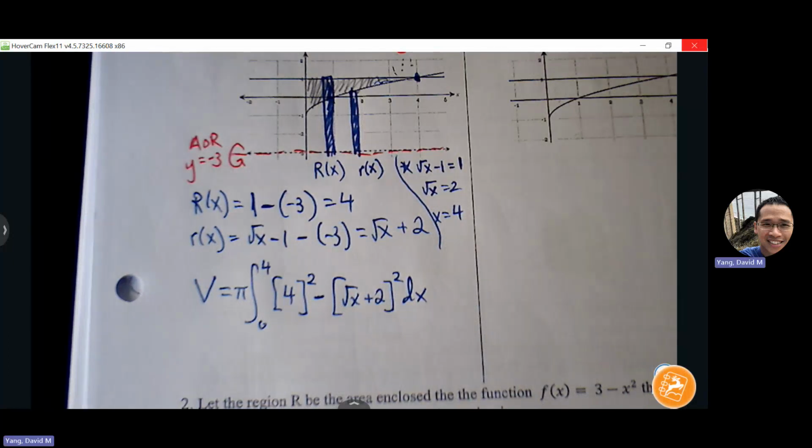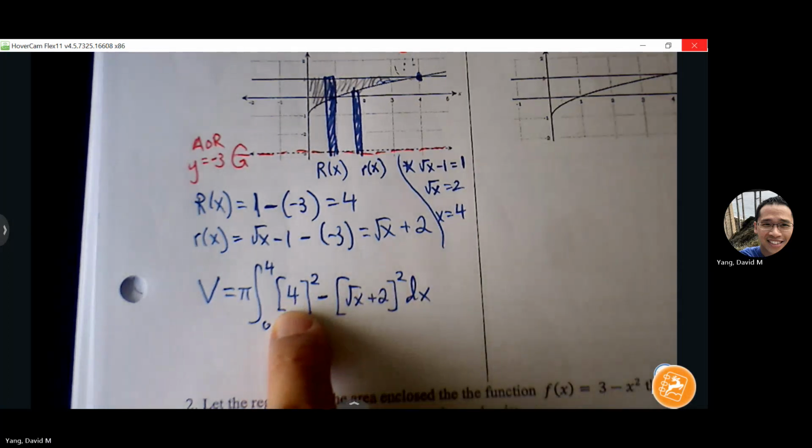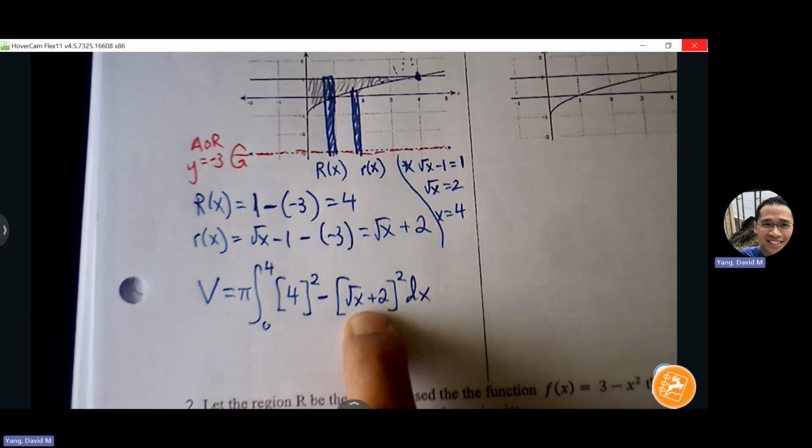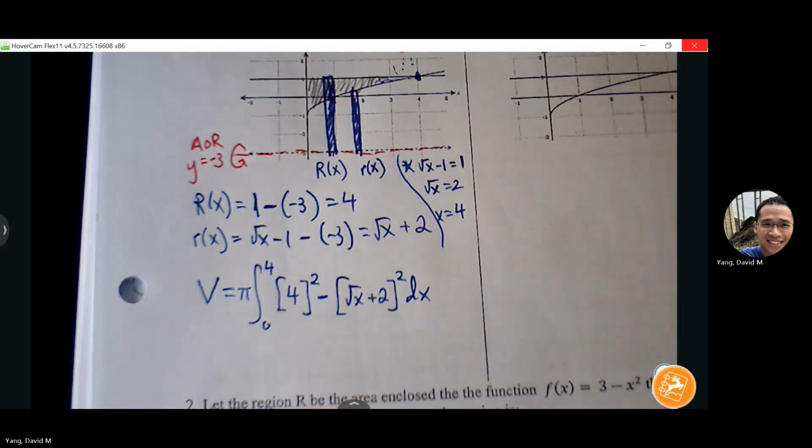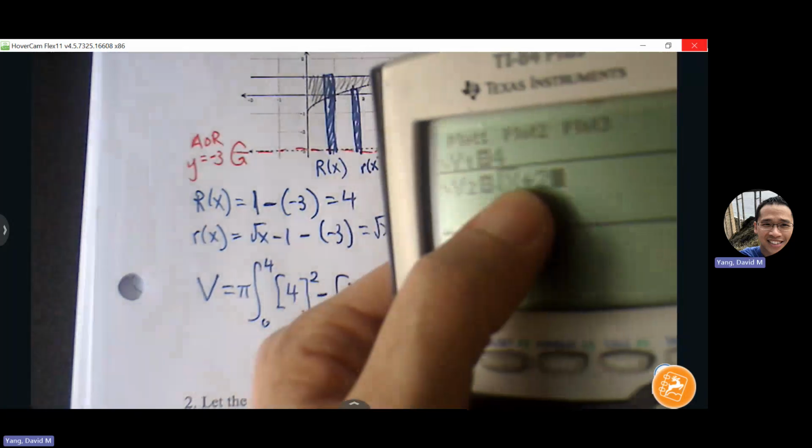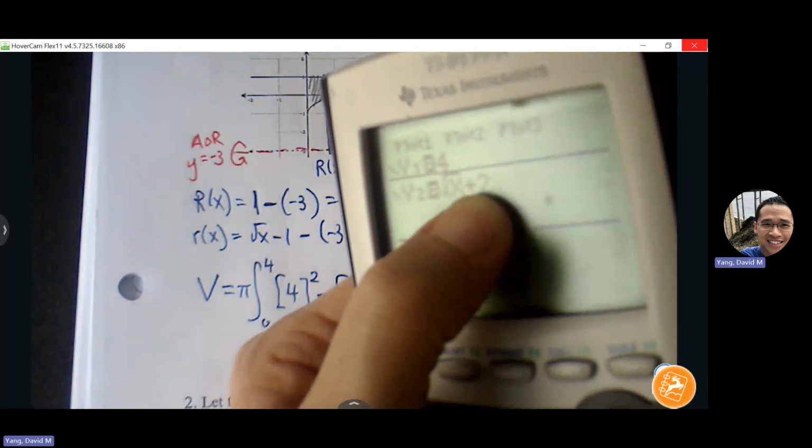Okay, let's go to our calculator. I'm going to let 4 be inserted into y1, and then I'll let root x plus 2 be y2. Make sure that you clear that radical before you do the plus 2.